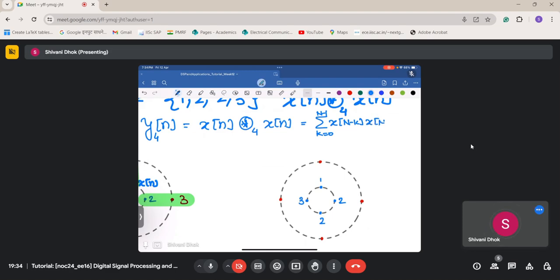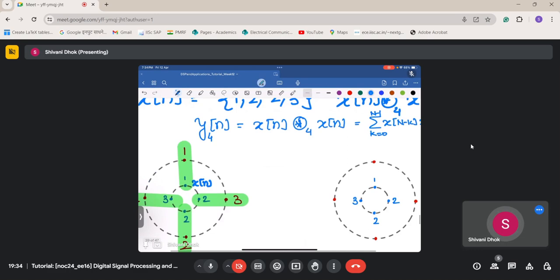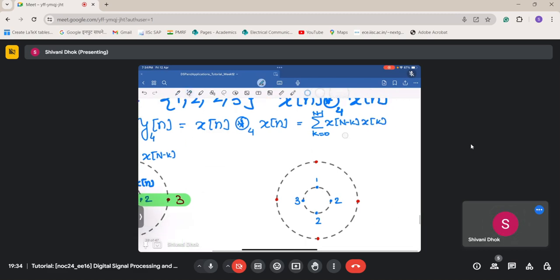The inner one is just x of k, and the outer one is x of n minus k, modulo capital N. So n minus k modulo n. This is the formula for circular convolution.